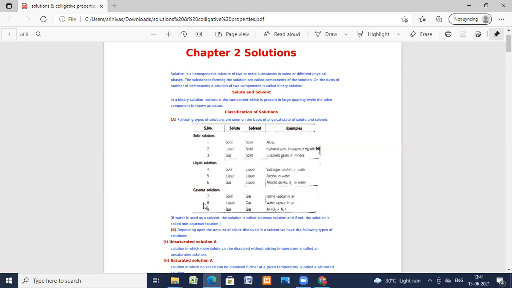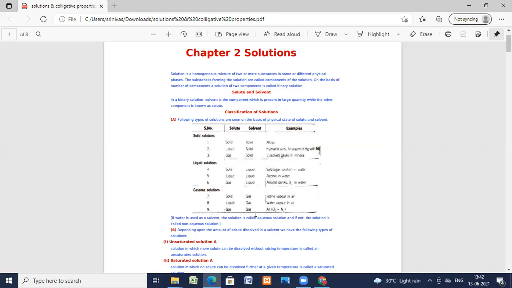Gaseous solutions: for gaseous solutions, the larger one, the solvent, is gas. Solid in gas, iodine vapor in air. Liquid in gas, water vapor in air.